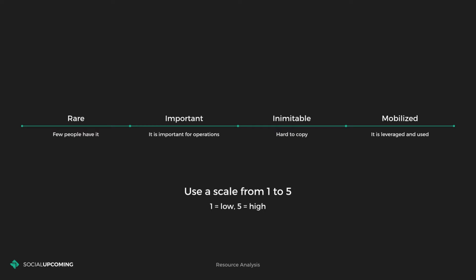The next one is inimitable, which means hard to copy. You don't want resources that people can copy in the blink of an eye, because then the resource wouldn't be really valuable. If people could just copy it, you would be on equal ground.